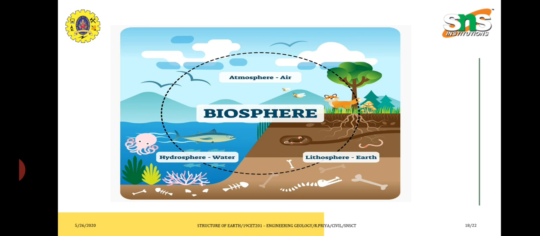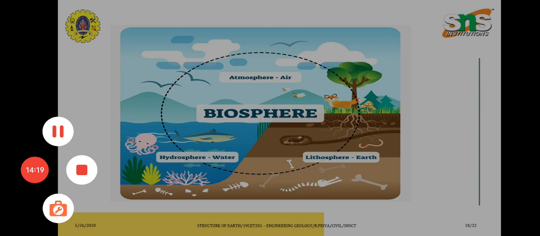Let me shortly summarize what we have seen today. Our earth's spheres are classified into 4 types: lithosphere, atmosphere, hydrosphere and biosphere. The lithosphere is the stony part of our earth. It consists of 3 layers: the uppermost layer is the crust, the middle one is the mantle, and the last layer is the core.